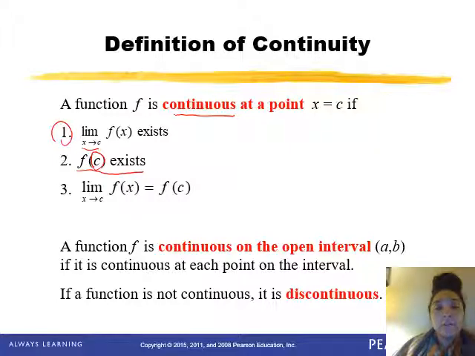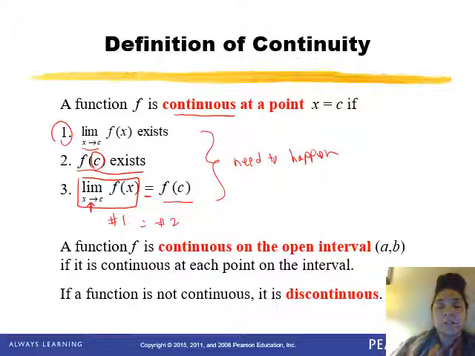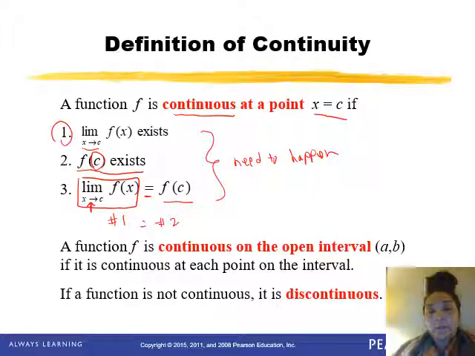And number 3, the limit of f of x as x approaches c is equal to f of c. So basically number 1 is equal to number 2. And all 3 of these things need to happen for the function to be continuous at point x equals c.